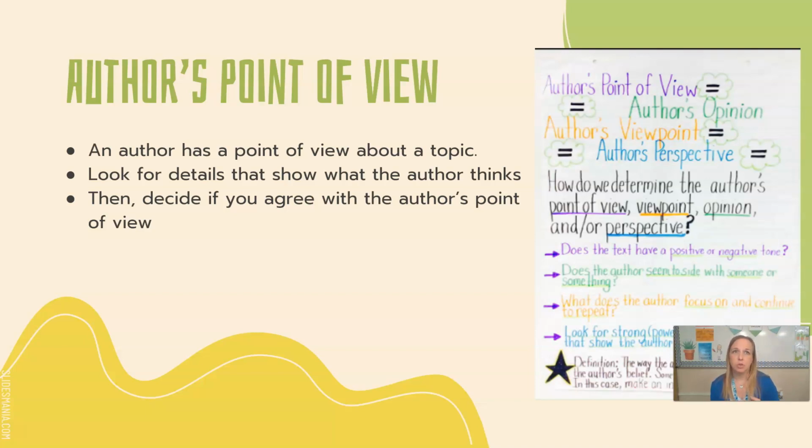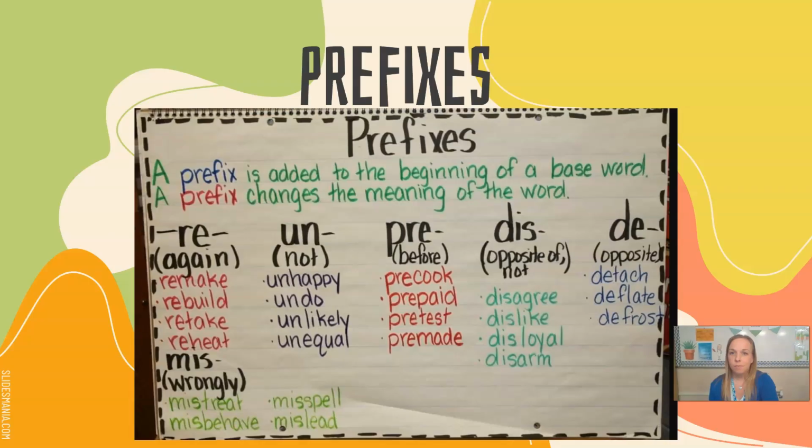Does he seem to agree with what we're reading about, or disagree? Remember, we're looking for strong, powerful text evidence. And afterwards, we will make our own opinion. Do we agree with the author about what he is telling us or what she is trying to prove to us? So today, we're going to be reading another expository text, identifying the author's point of view.